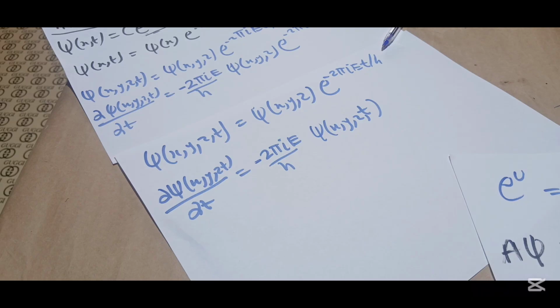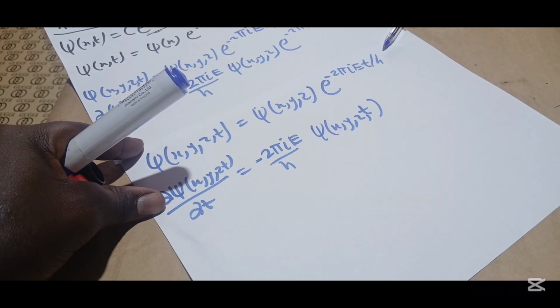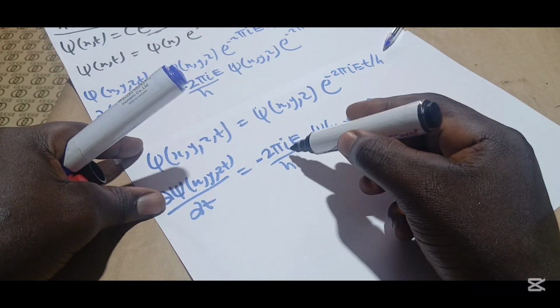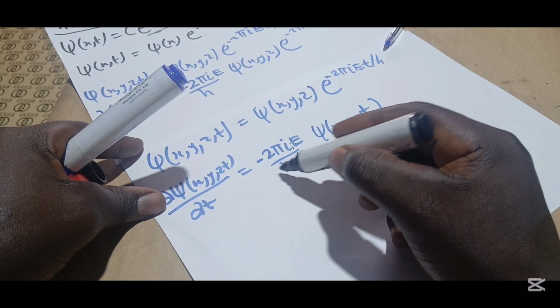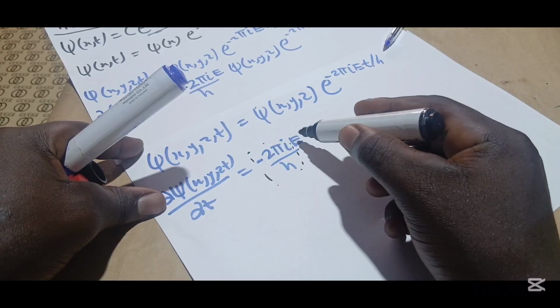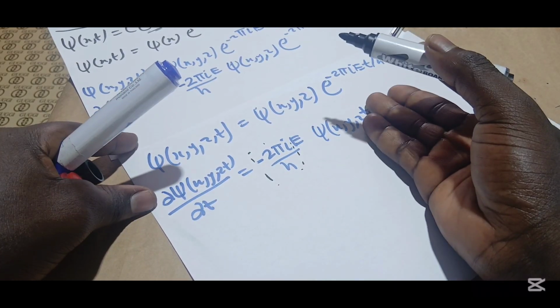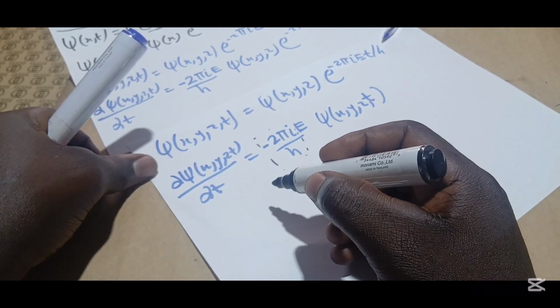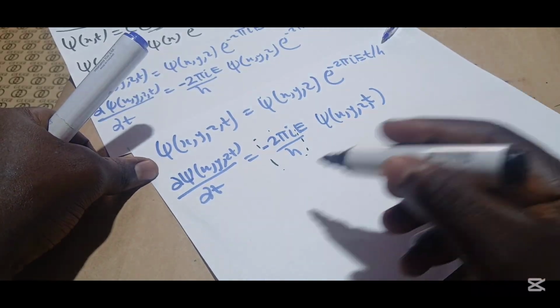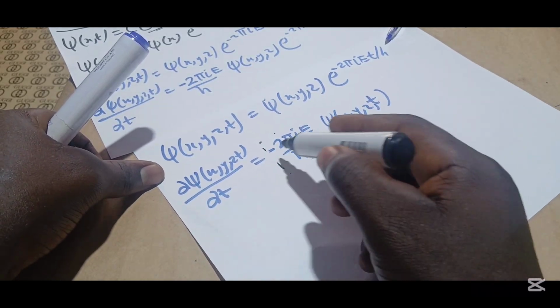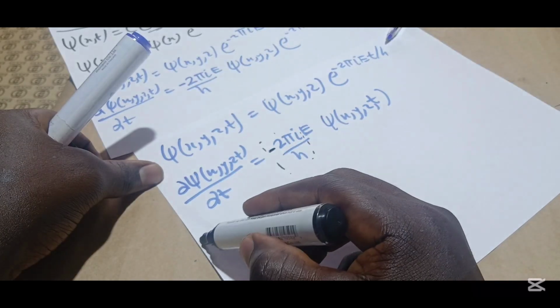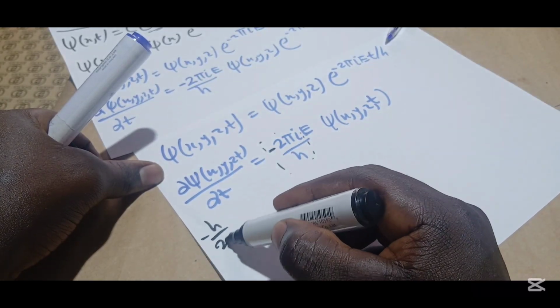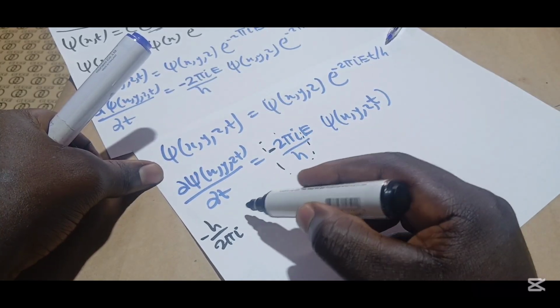So we can just multiply both sides of the equation by the reciprocal of this term here, because we need the total energy of the system to stay with the wave function. So let's multiply both sides of the equation by minus h over 2 pi i.